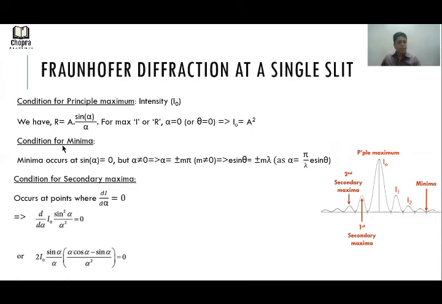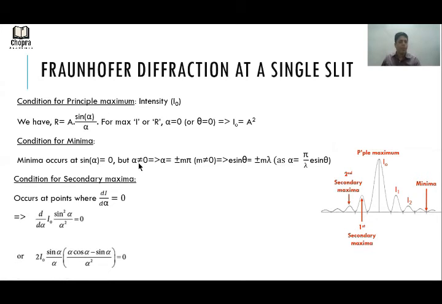Now the condition for minima. Minima occurs when the numerator becomes 0, which is sine alpha equal to 0. At sine alpha equal to 0, R will become 0. But please remember, if sine alpha is equal to 0, then one of the cases is alpha also equal to 0. But we cannot use that value because alpha equal to 0 is already used for the condition of principal maxima.